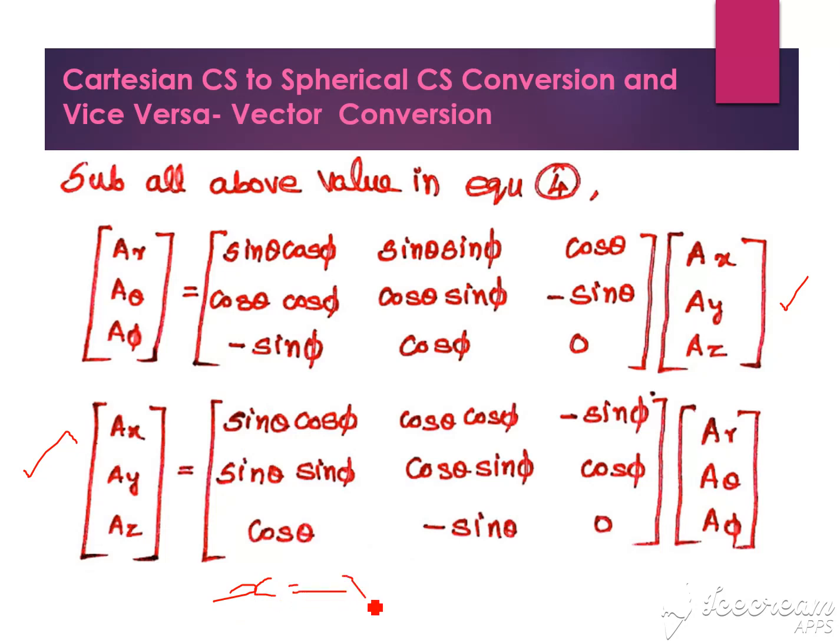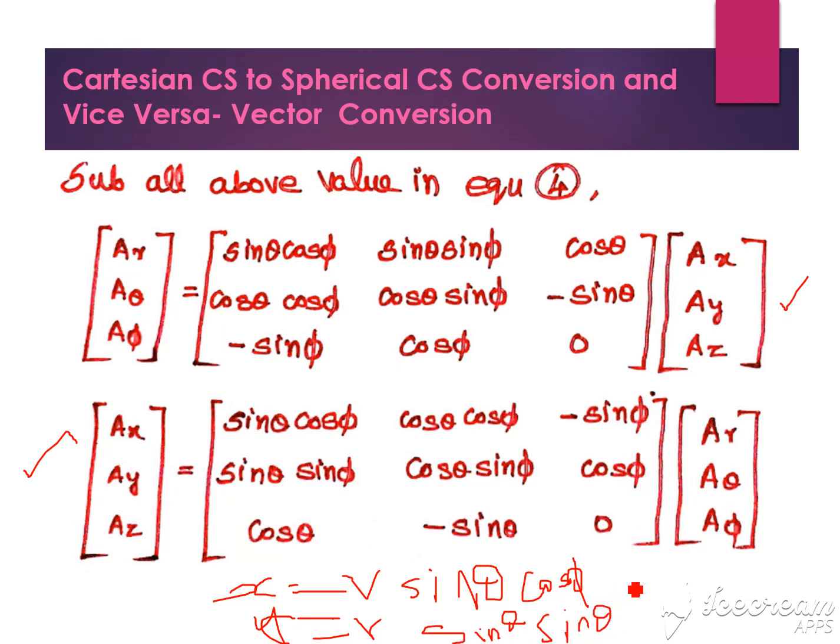We got x is equal to r sin theta cos phi, and y is equal to r sin theta sin phi, and z is equal to r cos theta.